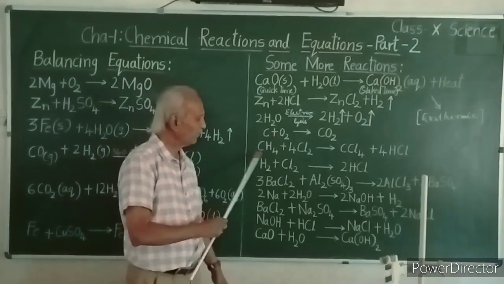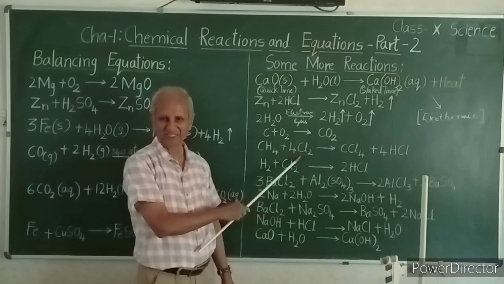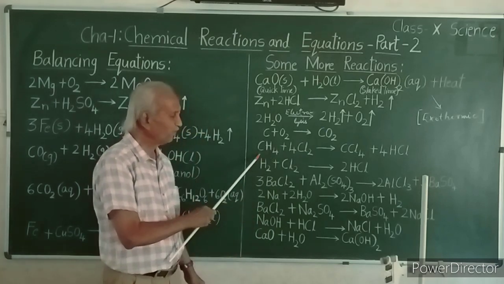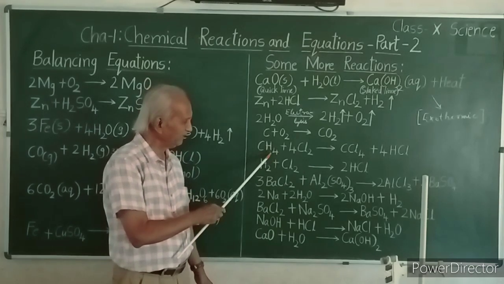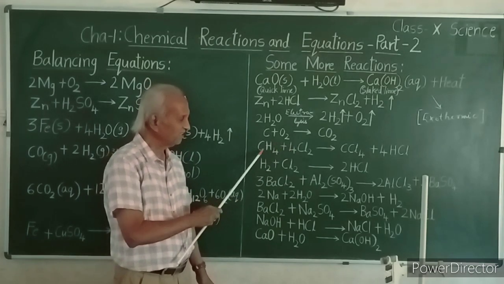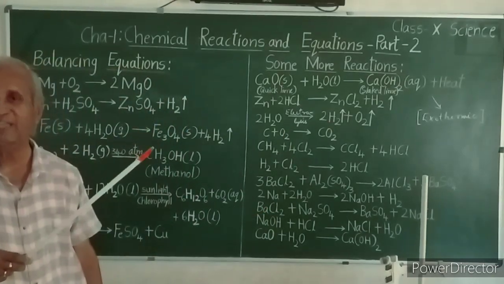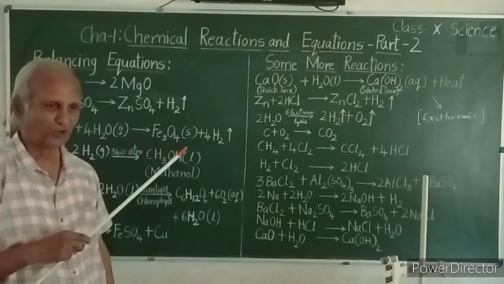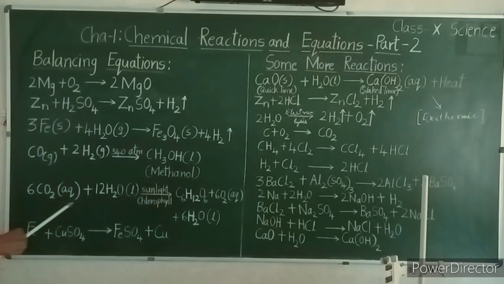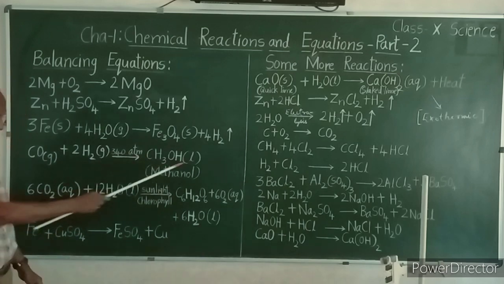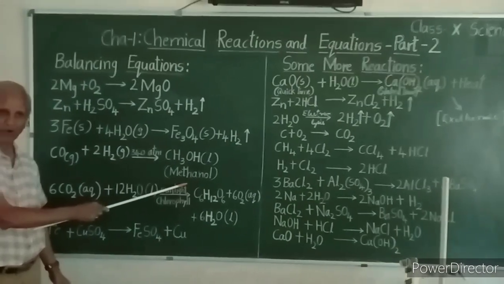Next, CH4 plus Cl2. A little tough, tougher than other equations. CH4 is methane. You remove one H here and add OH, it becomes methyl alcohol, methanol. We have already dealt with that.